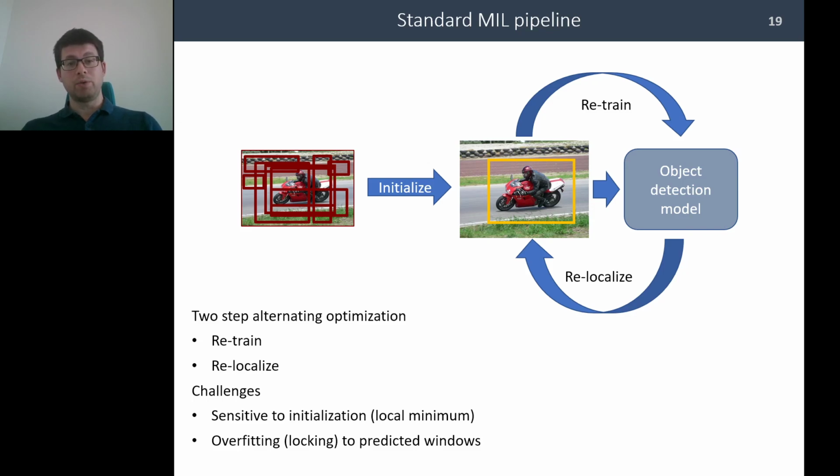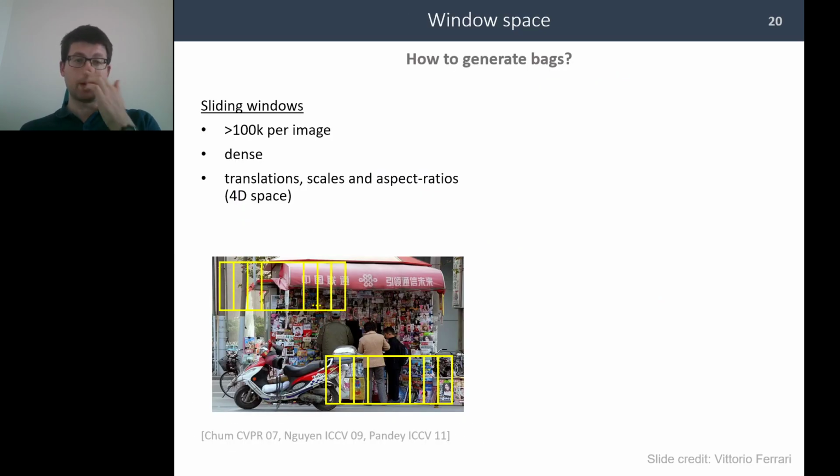The other problem, which I will talk about in the next slides, is that because we are learning the object detection model on the same images and then use this model to relocalize the object instances, the model may overfit in the first iteration to the first initialized box and may not improve in the next iterations. So basically, overfitting.